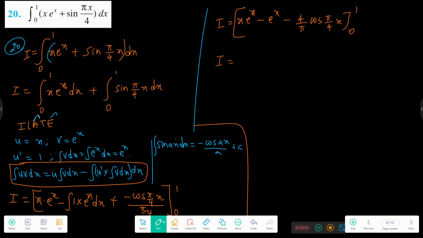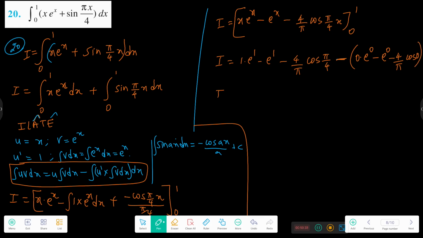Okay. So I is equal to upper limit 1: e power 1 minus 4 divided by pi cos pi by 4 into 1, same pi by 4 limit, minus lower limit 0: 0 into e power 0 minus e power 0 minus 4 by pi cos pi by 4 into 0, cos 0. Directly I am writing.